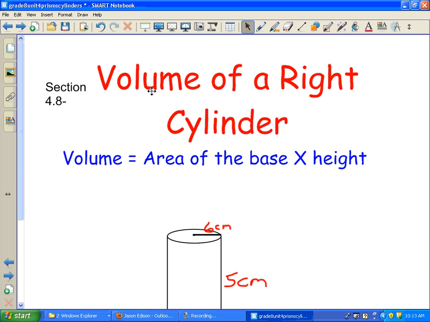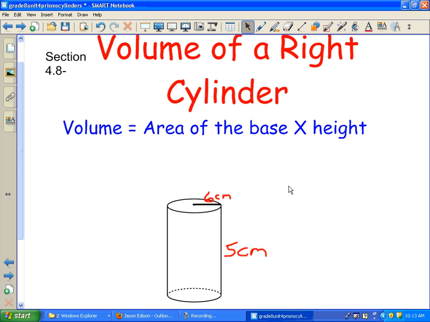In section 4.8, the volume of a right cylinder, it will actually be a little bit easier because you don't have to figure out every single side. Remember, volume is if we were to fill up this cylinder, how much would you put into it in terms of cubic centimeters.